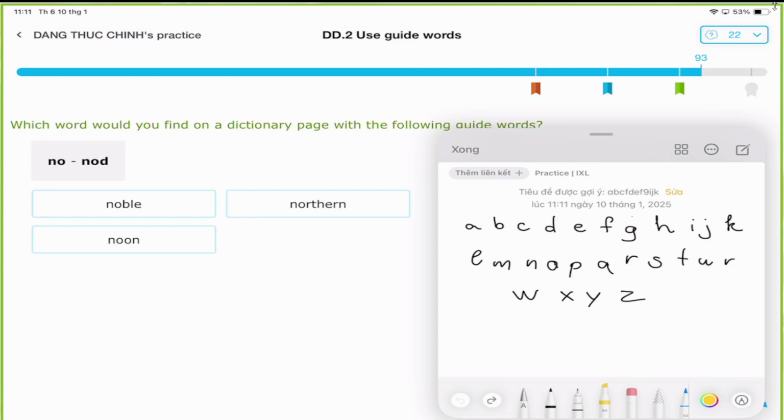No and nod. Okay. No would be like everything that comes after O. So from here, D. I think that what comes after no would be every letter because there is nothing there.